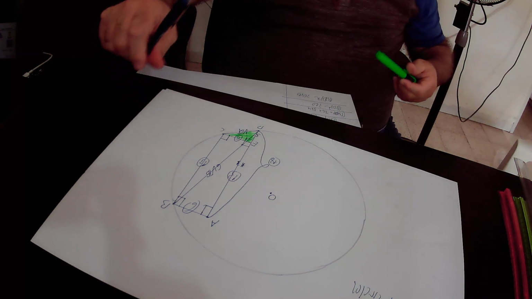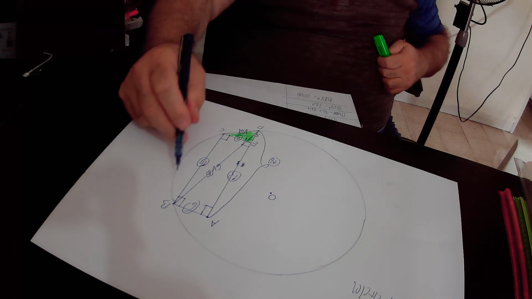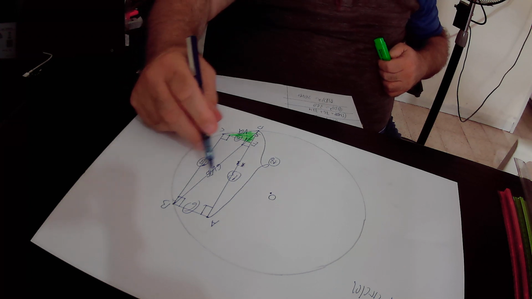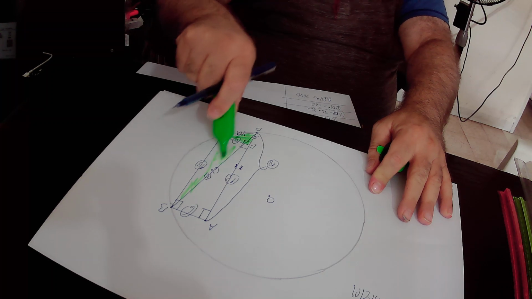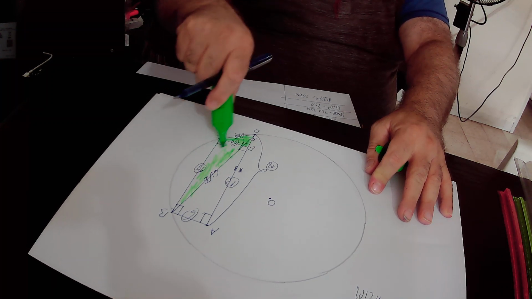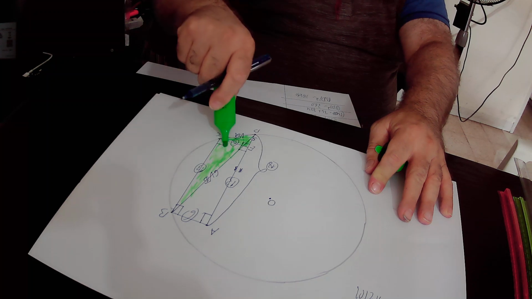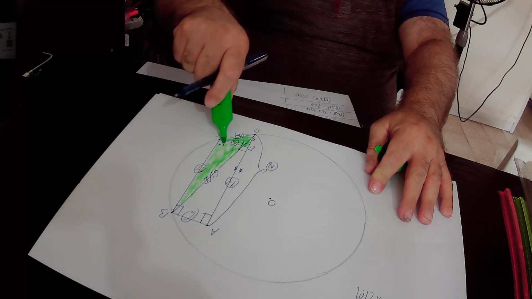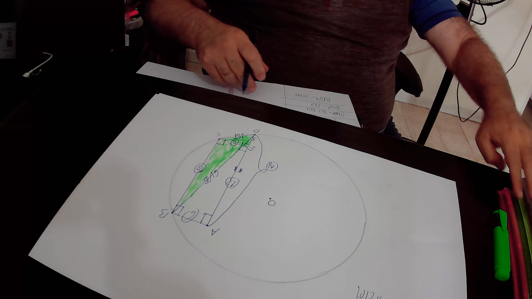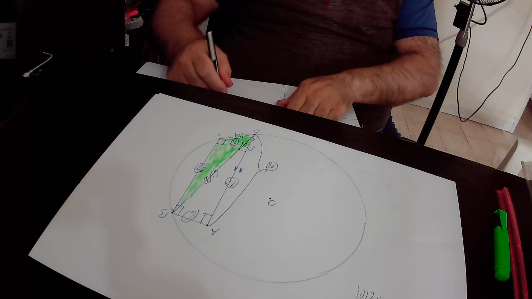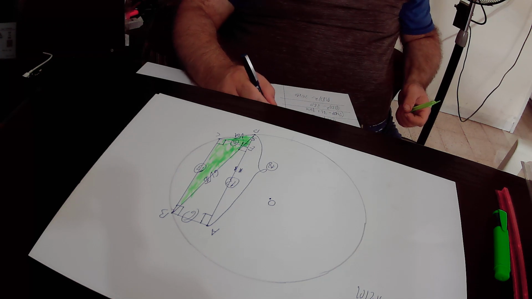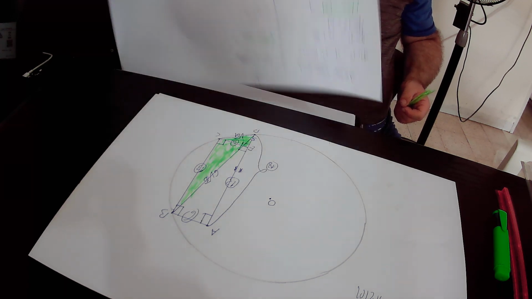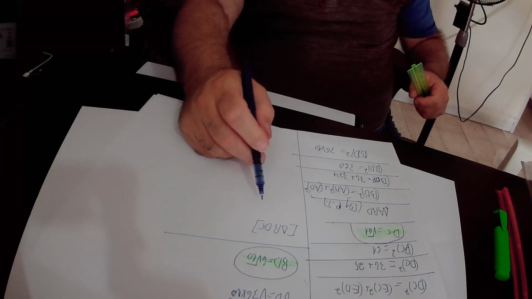In the next step, we'll find out the area of the green triangle BDC. The square brackets are the sign for the area.